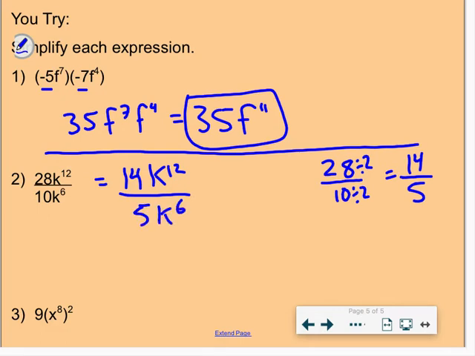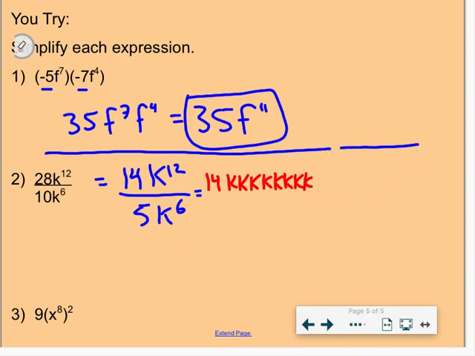Now, there are essentially 12 k's on the top, and there are essentially 6 k's on the bottom. If we wanted to write it out, we could. Let's see here.